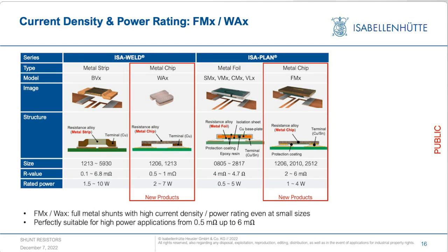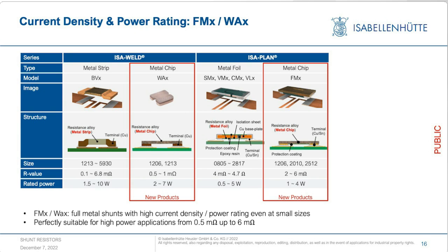The FMX series, which complements the metal foil product families, is available in 1206, 2010 and 2512 footprint, and the power rating is in the range of 1 to 4 watts depending on the size and the resistance value, which is again a factor of 3 to 4 as compared to foil resistors.